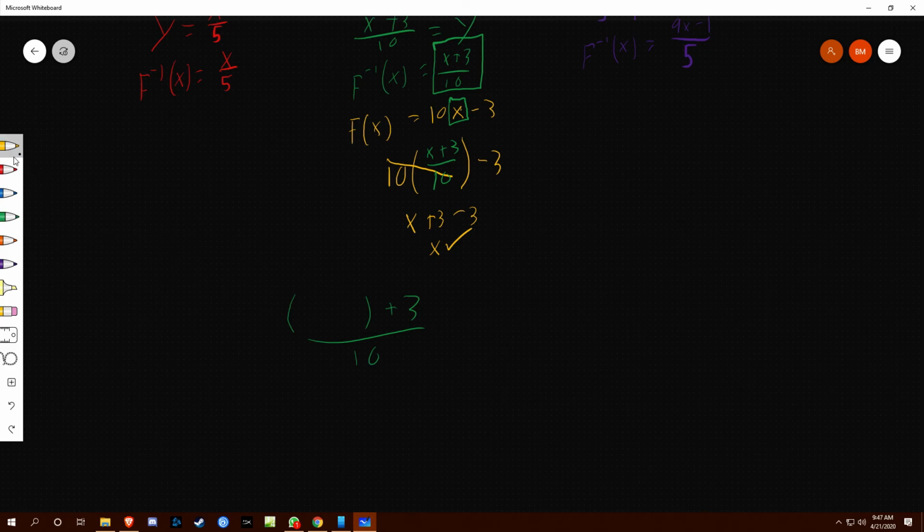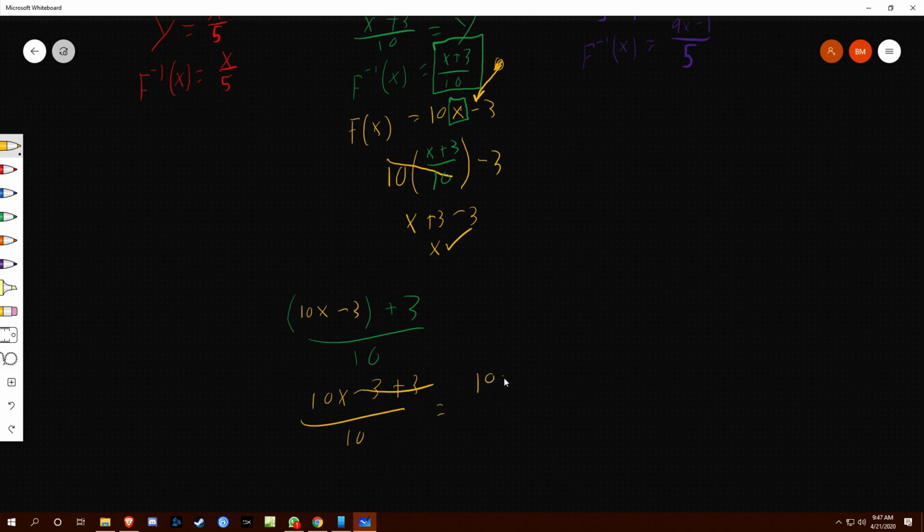There we go. And we're going to take that 10x minus 3, and I just plugged it in for x. So I took this equation, I plugged it right in for that x. Now I'm here. I'm going to go ahead and drop the parentheses because I don't need them. These minus 3 plus 3 cancel.